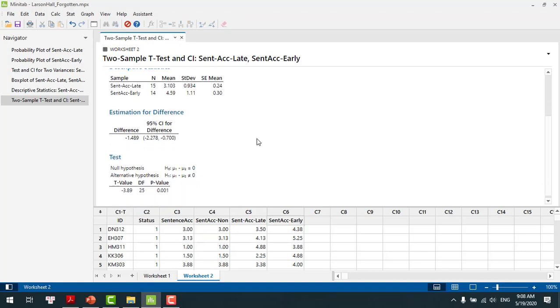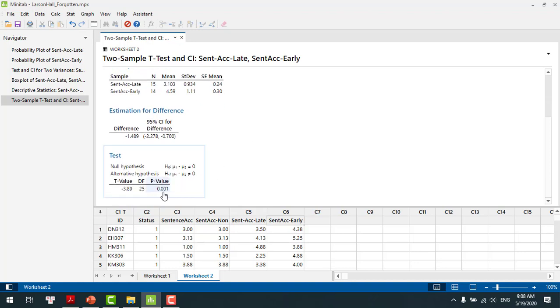We can double check that with the p-value. Notice that here the p-value is less than 0.05, so the p is low, H0 must go. So in this case, notice that we reject the null hypothesis. So in other words, there is a difference between the early and the late group. There's a significant difference between the early and the late group.